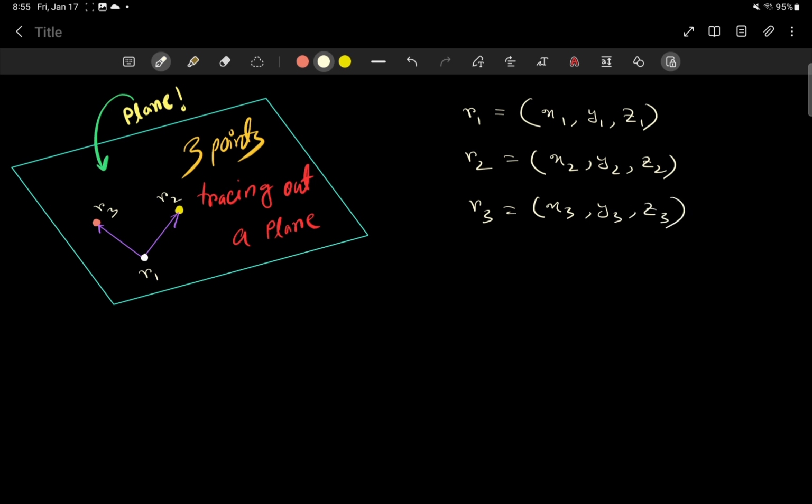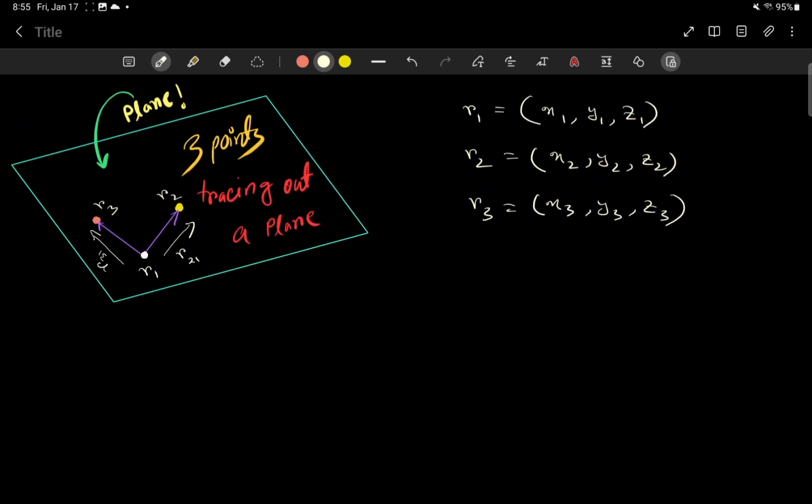Okay, so if we show the vectors going from R1 to R2, this is R21, let us define it that way, and this as R31. So what can we really do? We can get the vectors out of this.